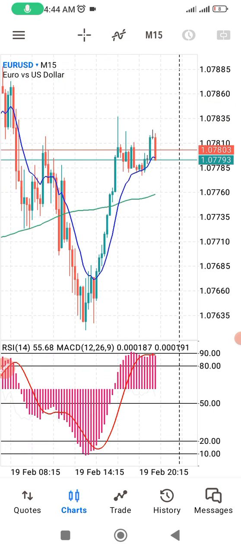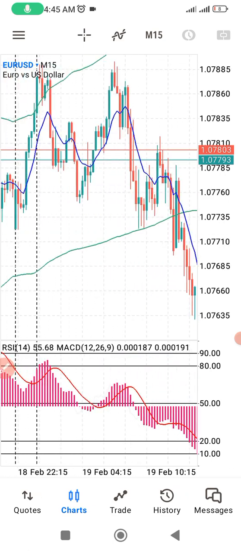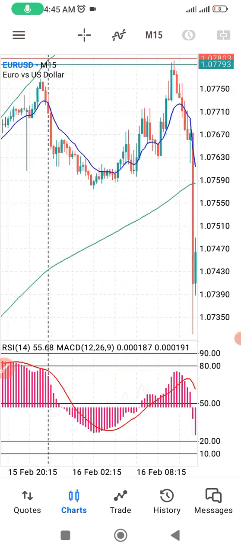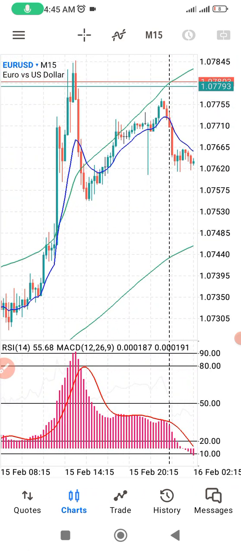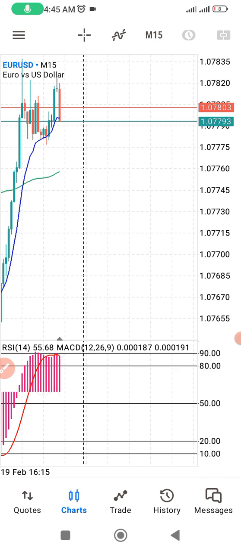So today I want to make a simple video on how to filter our entries by taking a higher probability trade. How to take a high probability trade.